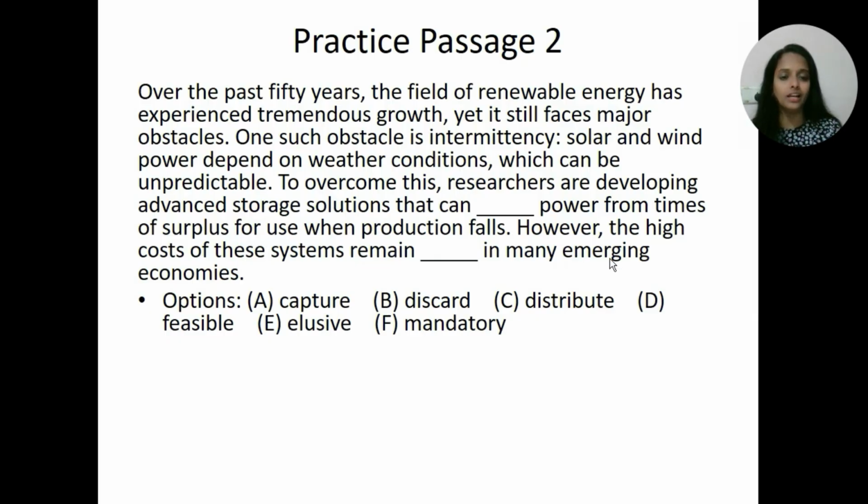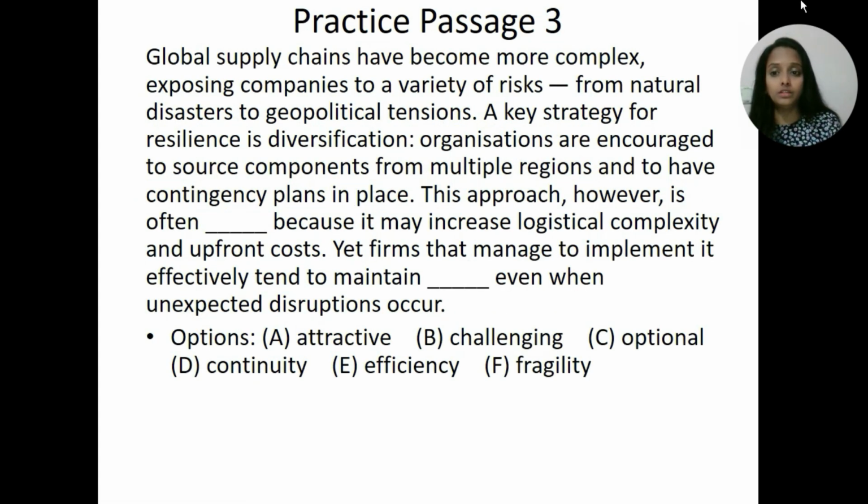And for the second blank, however, the high cost of these systems remain dash in many emerging economies. So it's like a contrast, right? Which means something very difficult to achieve. The option is elusive. Okay. So for the first one, it's capture, and for the second one, it's elusive. Now let's move on to our third passage.